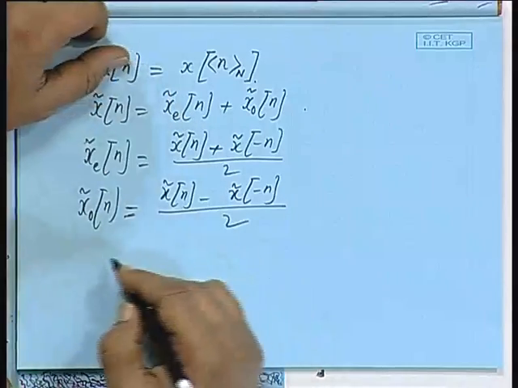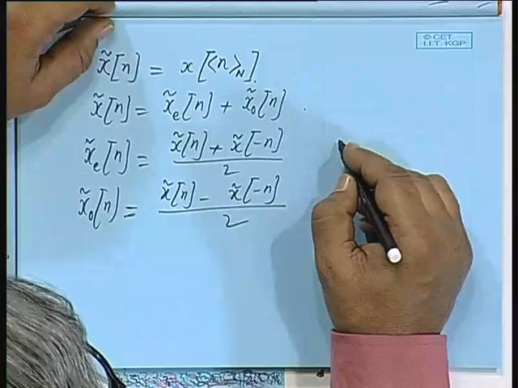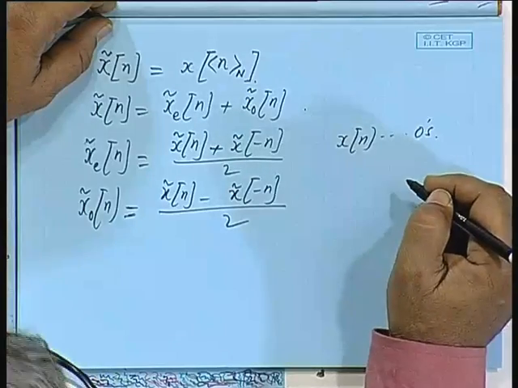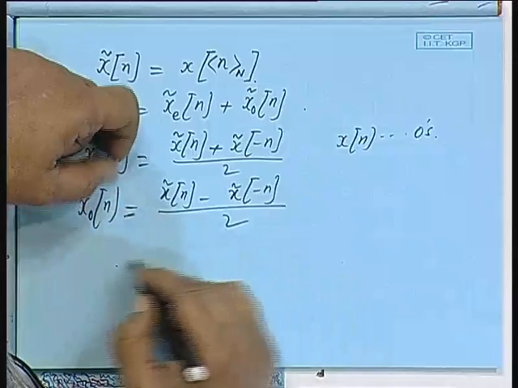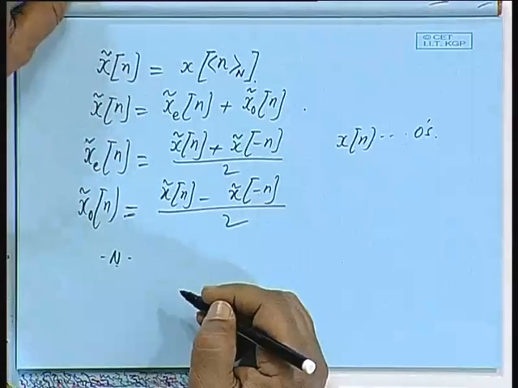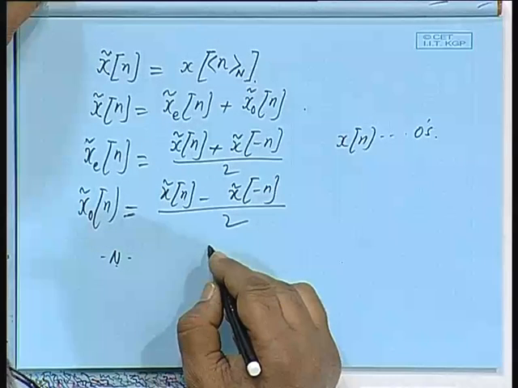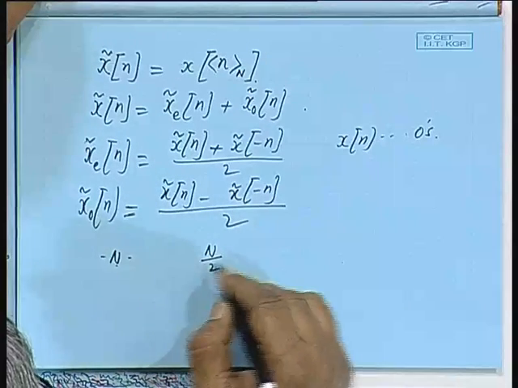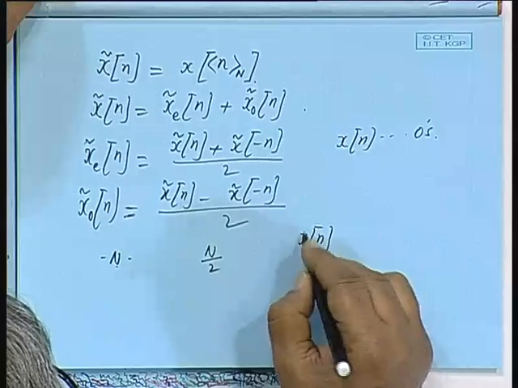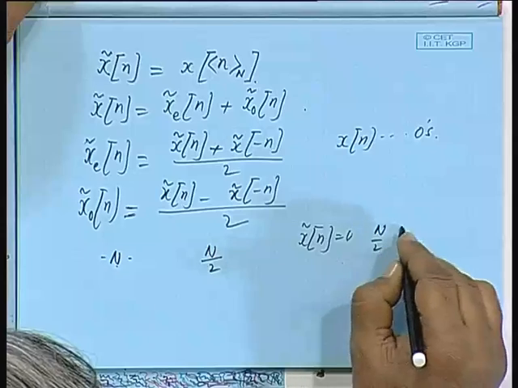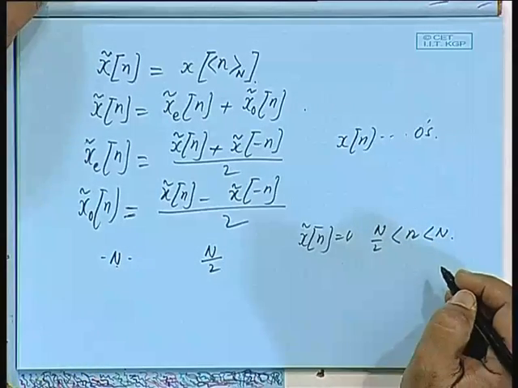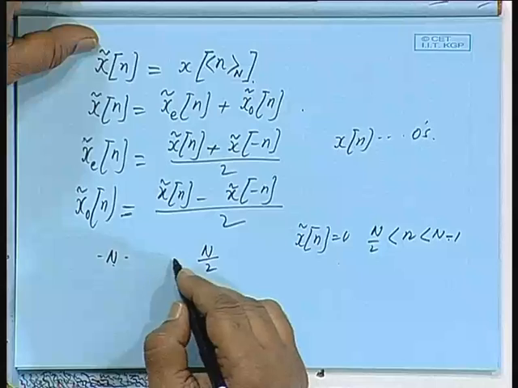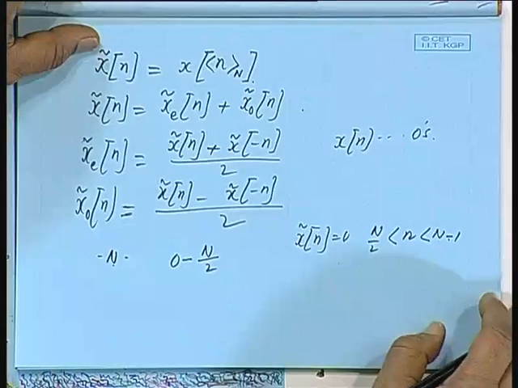Okay. So, we append the original given sequence x n by a few zeros, such that we get a sequence of length N. We assume N to be even, and up to N by 2 it exists, and that means x n is made 0 between N by 2 and N minus 1, and from 0 to N by 2 it has the same value as the given sequence.